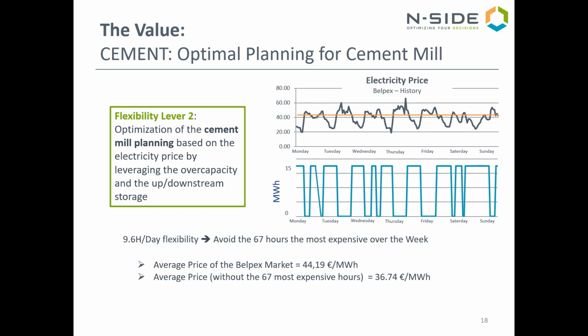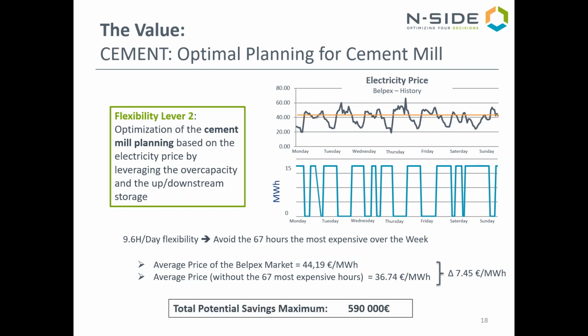If I remove the 67 most expensive hours, I drop to 36 euro per megawatt hour. So I can count more than 7 euro per megawatt hour of savings. And this ends up in a total of, at maximum of course, 90,000 euro for a year, which is quite important.